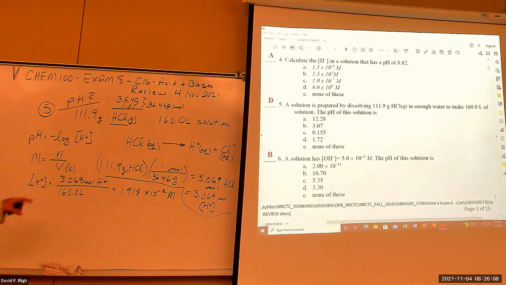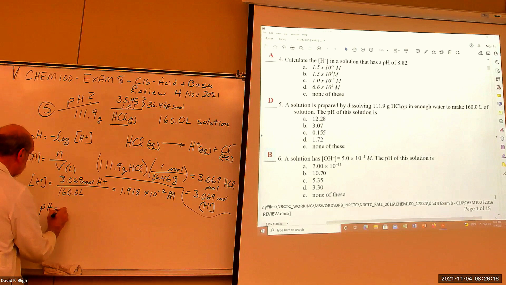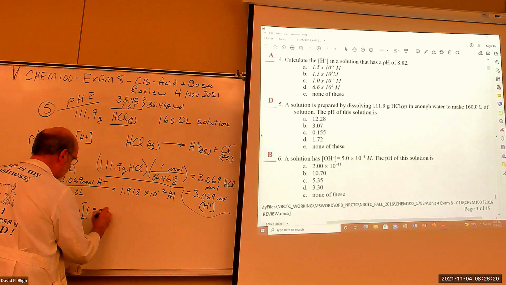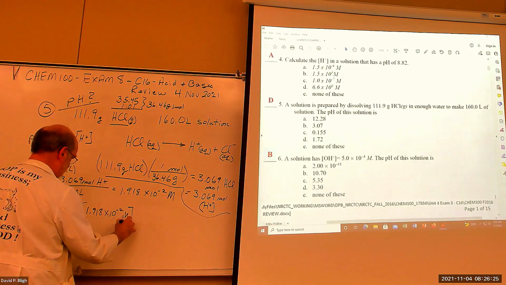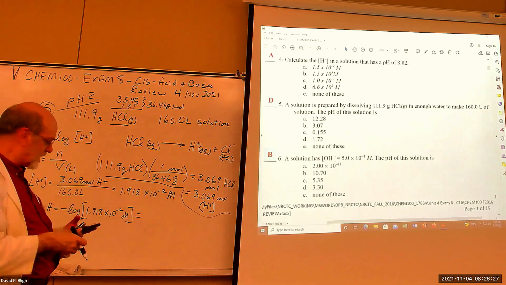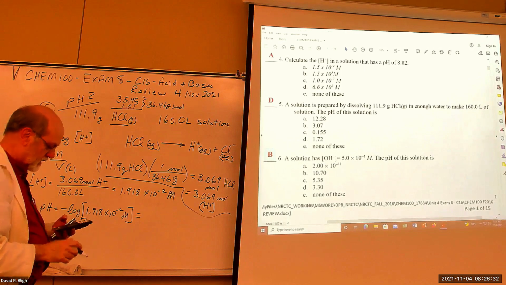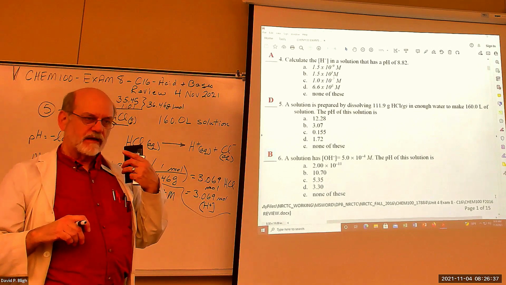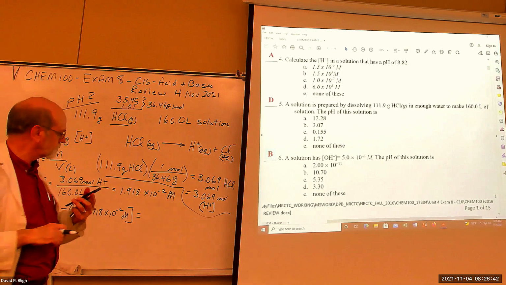Okay, now that we know the molarity of the hydrogen ions, we can find the pH. We just need to plug it into this formula. pH equals negative log of 1.918 times 10 to the minus 2 molar. So I've already got it in my calculator. I'll just take the log of it and change the sign. Now, there was also something said in the lecture about significant figures. Logarithms are funny.